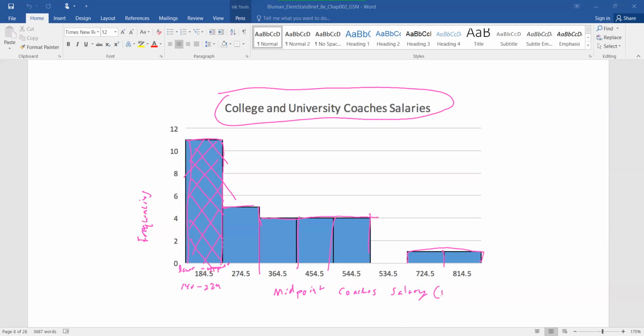Okay, so we'll do thousands, just so that the reader then knows what its answers will be in. So they would say, all right, 1,000 times this would give you $184,500,000. Questions on that?